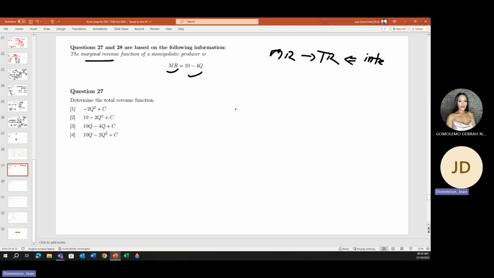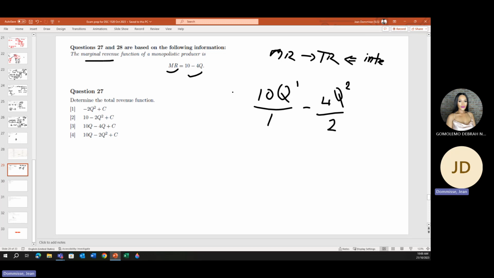Okay, so integration. Remember, we'll work with q here. So q to the power of 1 divided by 1, just so we can simplify later. Then minus 4 q to the power of 2 divided by 2.